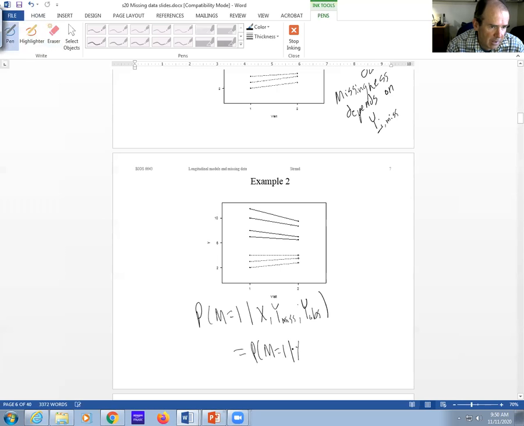Does it just depend on stuff that we have? That's really a question. Can we say that the change for the subjects, both the observed and missing, can we find something that we have that will capture that? That's really what the missing at random type of data is saying.